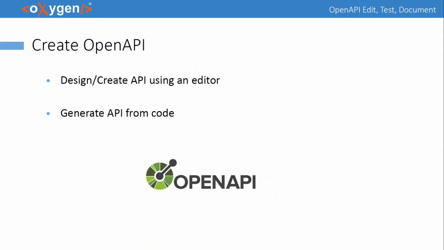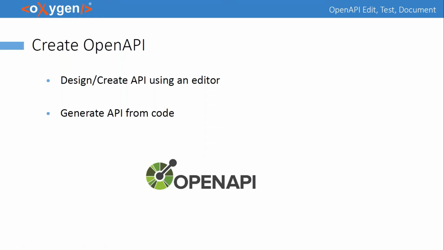In order to create an OpenAPI, you can use an editor or an application that will allow you to design and create your API. And then from this, you can maybe generate your application, or you can write your application based on the API that you are creating. Another approach is to have the code, have the application, and then annotate it.